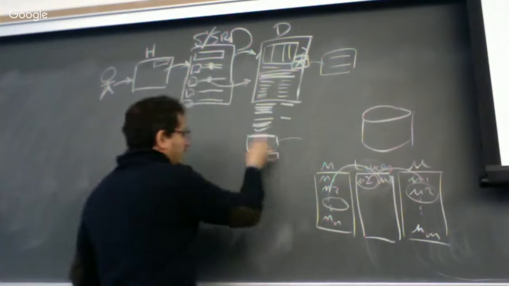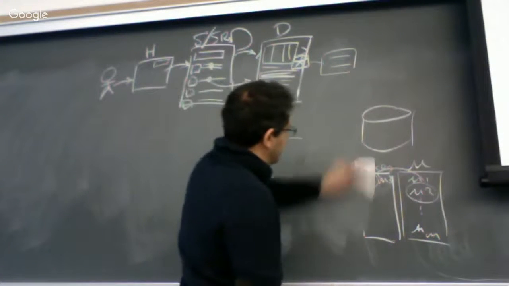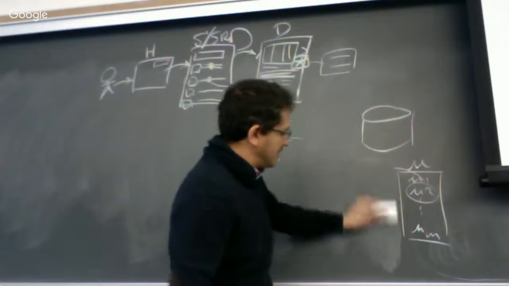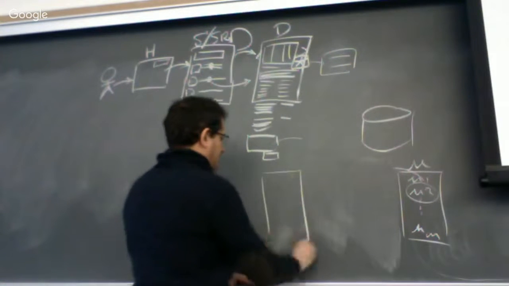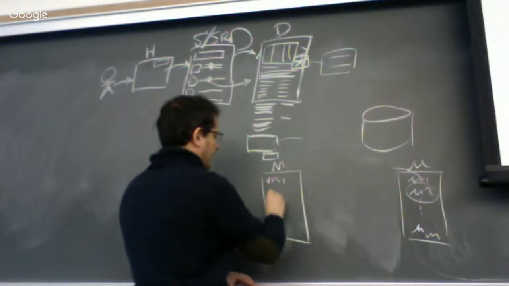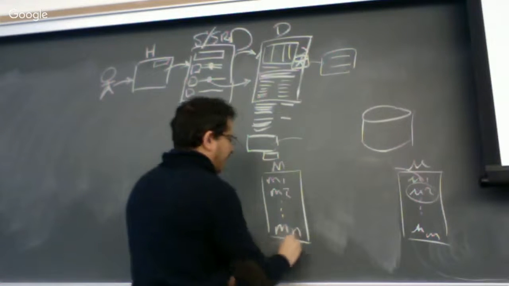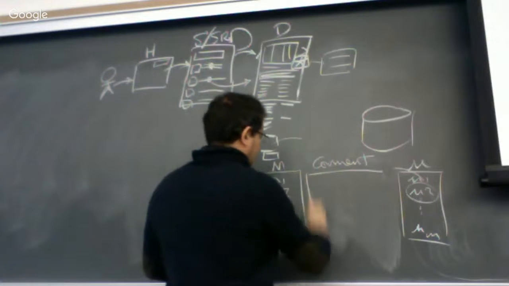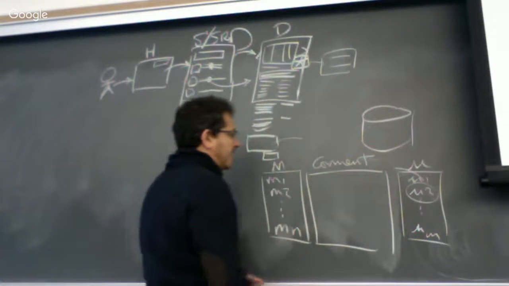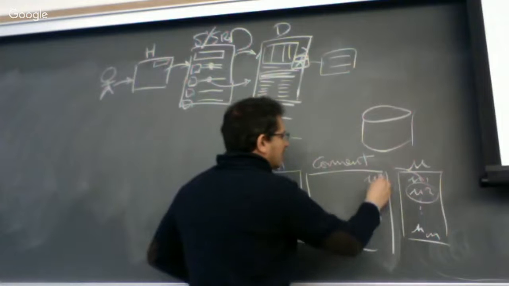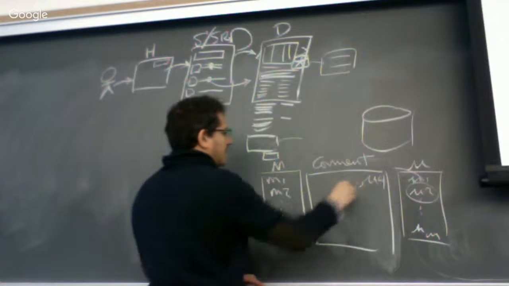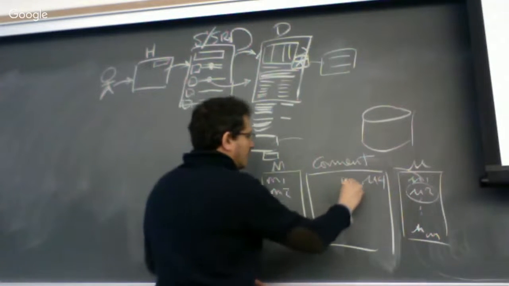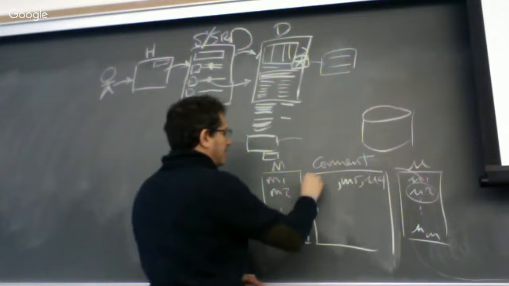Or if you leave a comment, this might look something similar. You have the movies. But here's a comment table that might say user 4 left a comment on movie 5, and here's a comment.